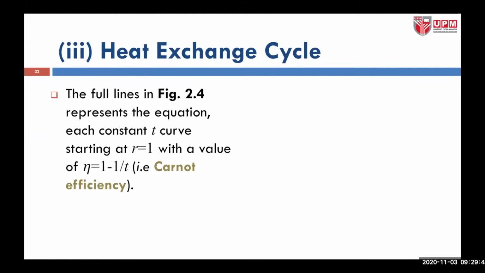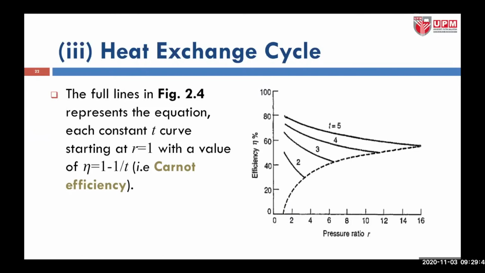The full line in figure 2.4, efficiency against pressure ratio, is this. T5, T4, T3, T2 represent the equation each at constant temperature ratio, curves starting at pressure ratio equal to 1, with a value of zeta equal to 1 minus 1 over temperature ratio, or what we call the Carnot efficiency.